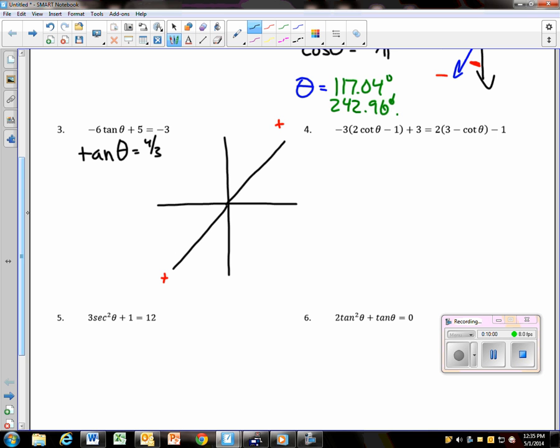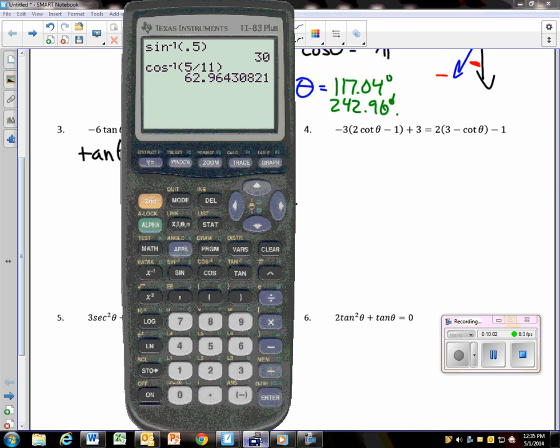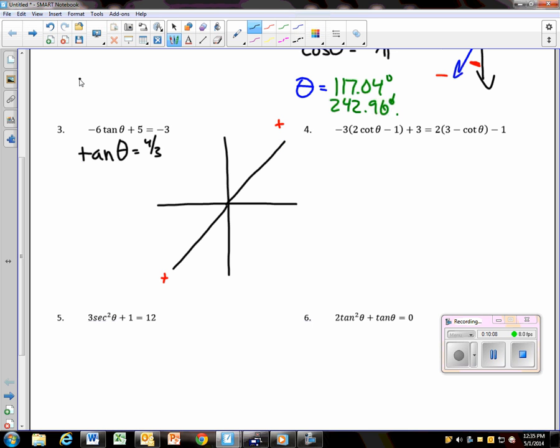So tangent is positive in the first and the third, I get 4/3. And if I take tangent inverse of 4 over 3, I get 53.13 degrees. Again, you always put it between the x-axis and the terminal side. What's going to be the measure of that first angle then?